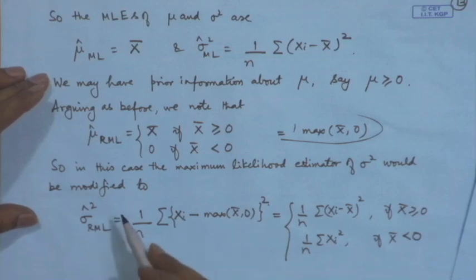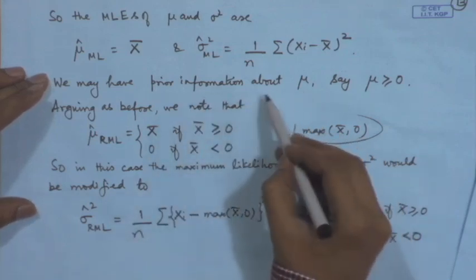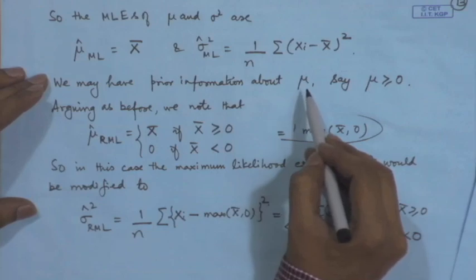So, the placing of additional information about the parameter changes the maximum likelihood estimators.